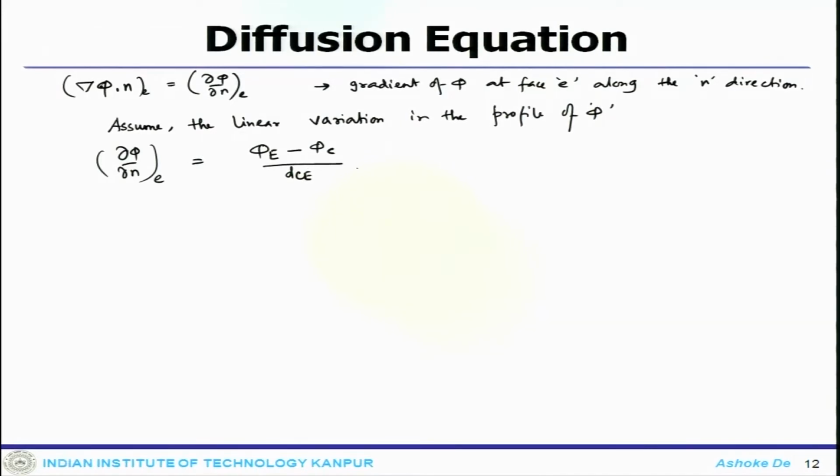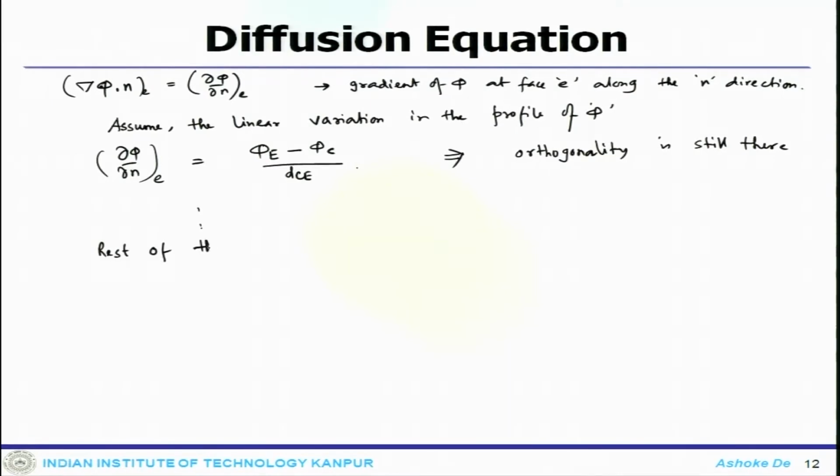And why is this possible? This is possible for the reason that the orthogonality is still there.